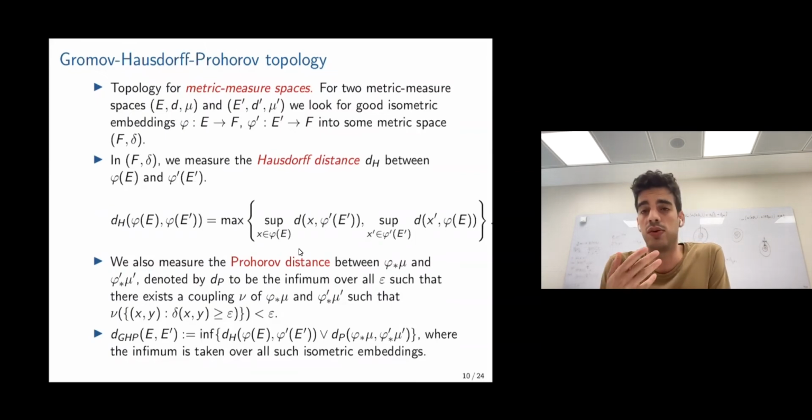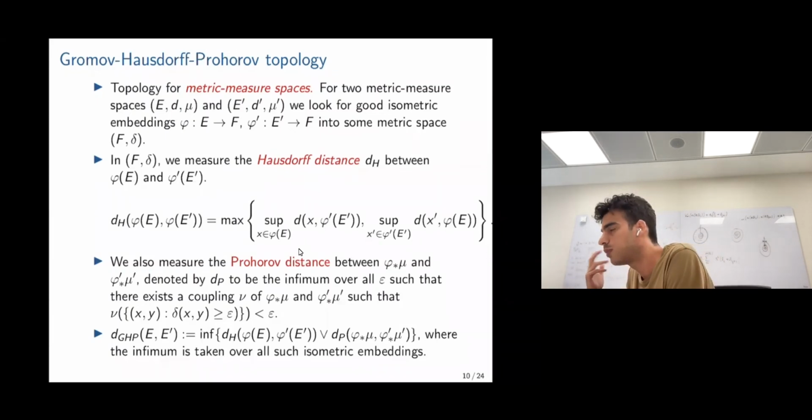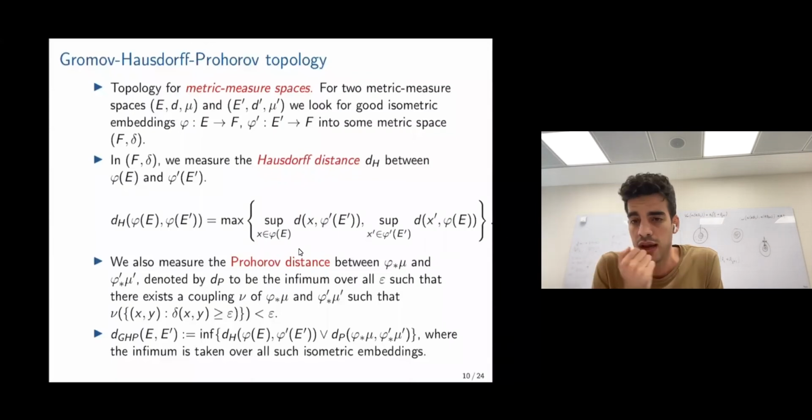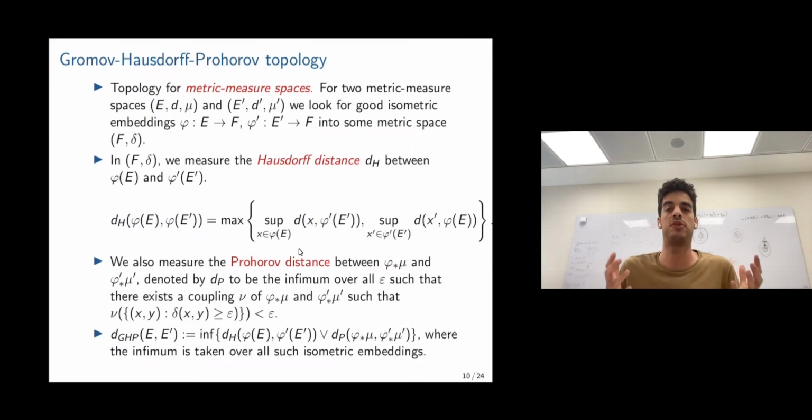Another way to think about this Prokhorov distance is that after this embedding, if we pick randomly and independently k points from each of the measures, and we look at the distribution of the distances between them, then these distributions have to be close to one another.